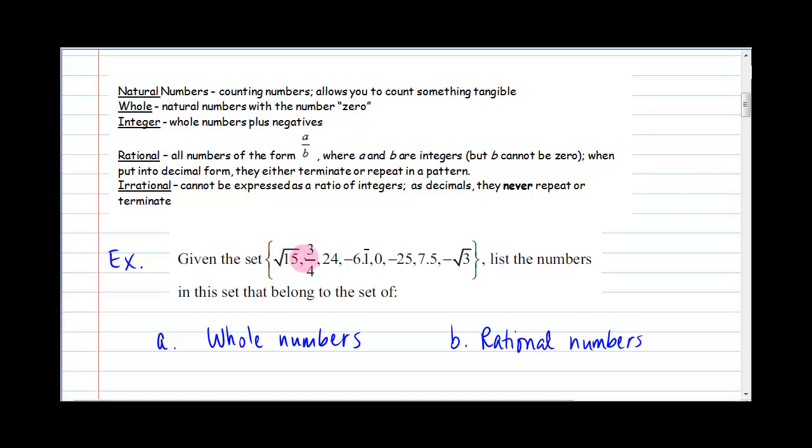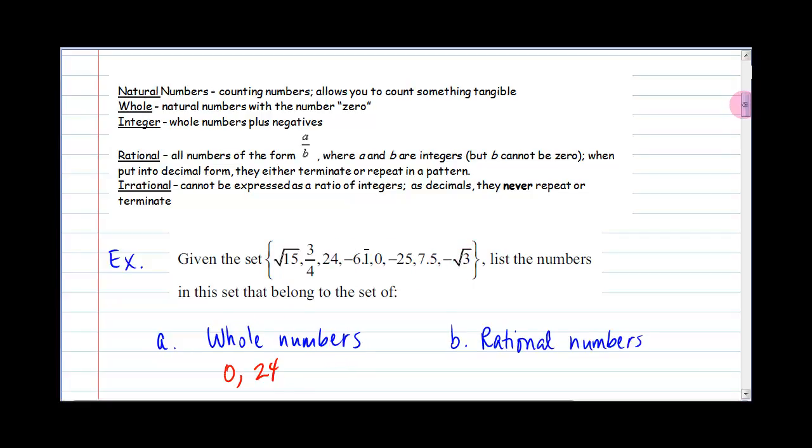So I can scan through this set of numbers up here and I find 0. I'm only looking for whole positive numbers at this point. So I have the number 0 and I have the number 24. These are the only two numbers out of this set that belong to the whole numbers.